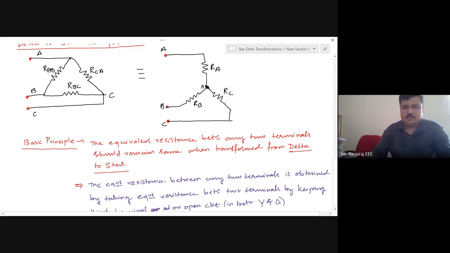I should keep the terminal C open in star and find the equivalent resistance between A and B in star. And when I equate these two, mathematically, then my transformation will become valid.